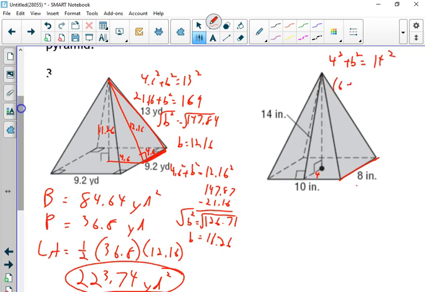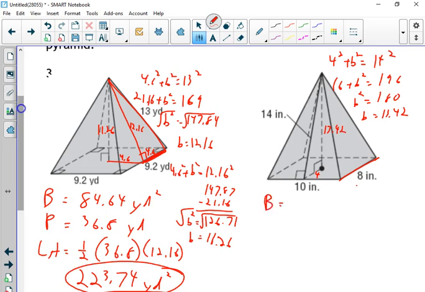So that's 16 plus b squared equals 196. We subtract 16 and find out that b squared is 180. And then we take the square root of 180, which is 13.42. So that's the real height of the pyramid.